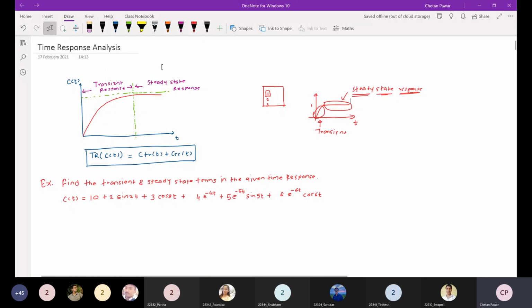If we talk about an electrical system, electronic system or any digital system, let's take an example.